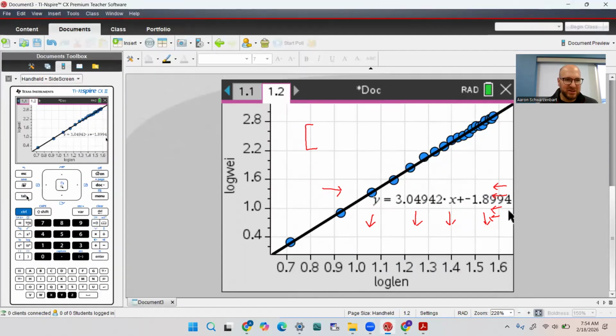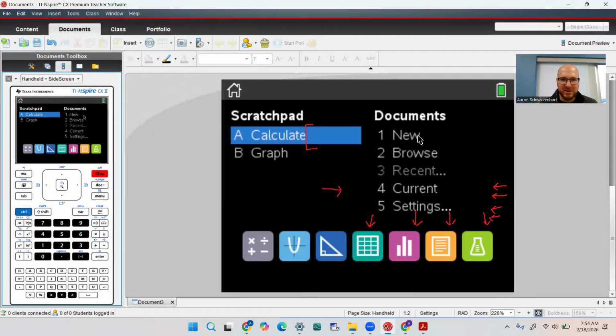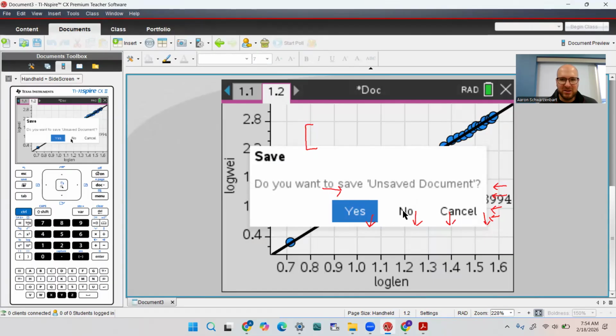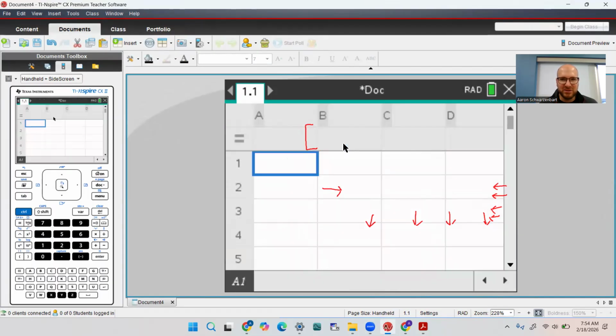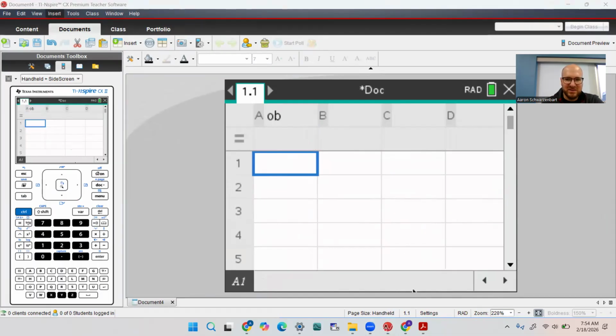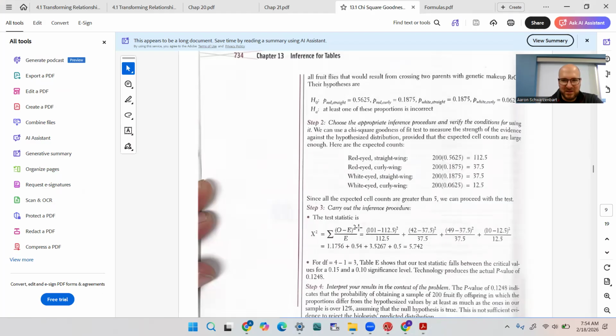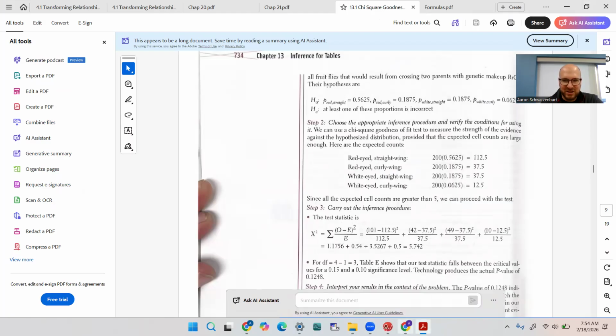So I go to my calculator. I do a new, I add a list in spreadsheets. Observed. 101, 42, 49, 10.